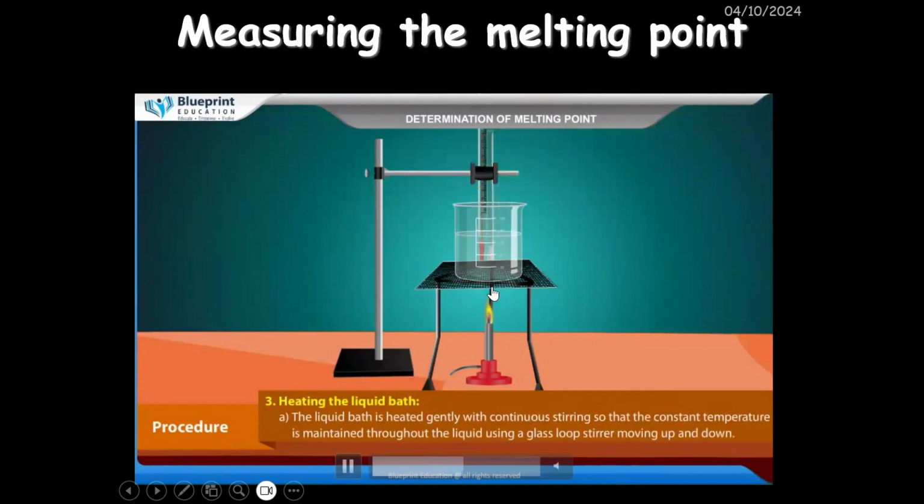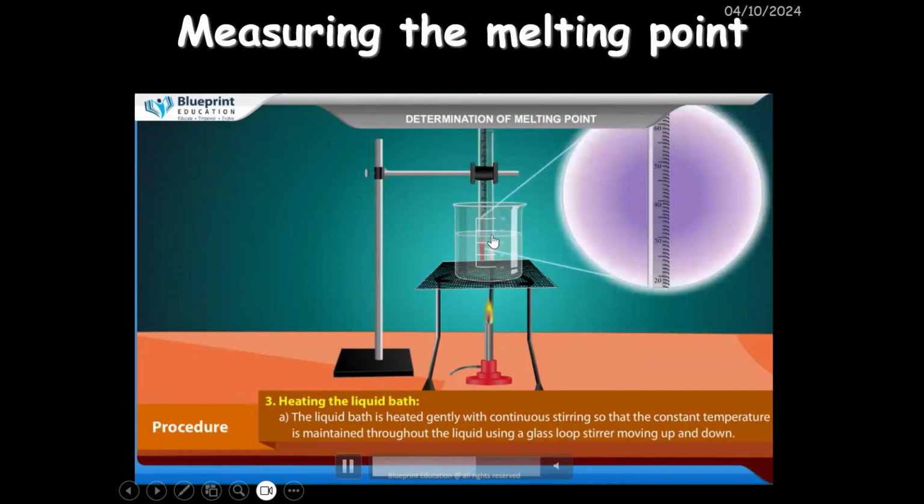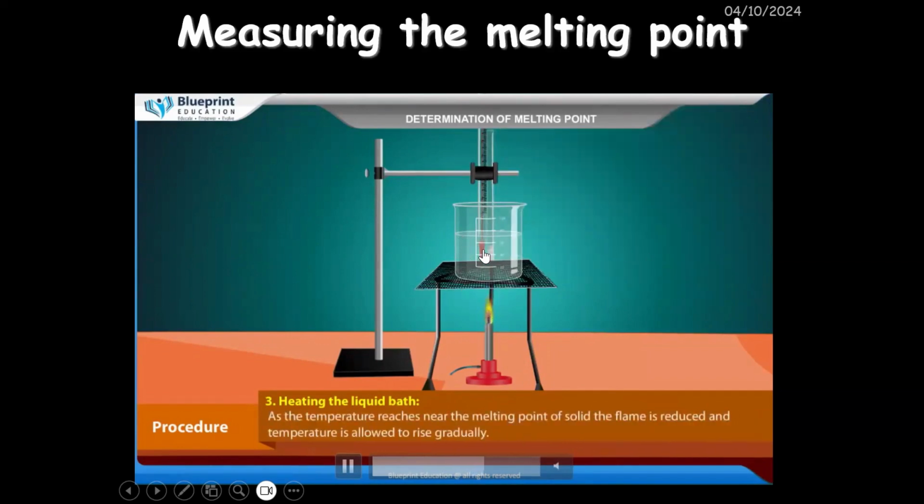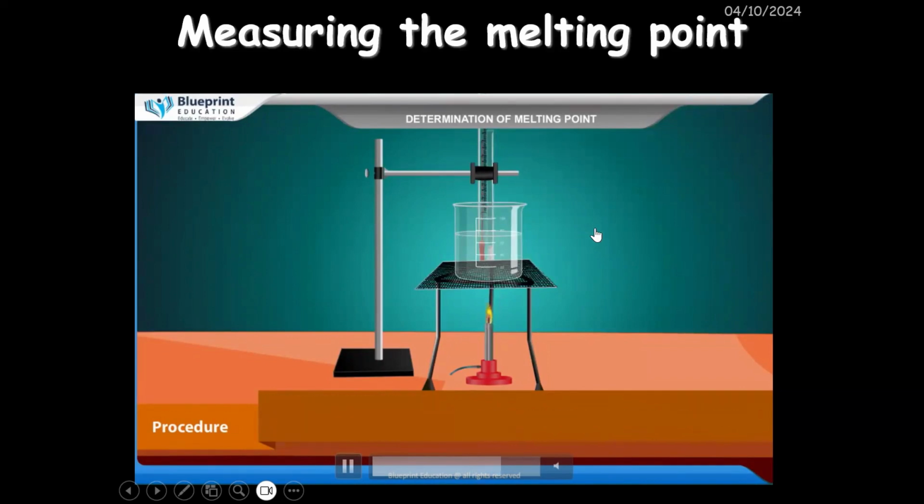Then they are heated and stirred periodically to distribute the heat in the whole water bath or oil bath. Temperature will be recorded by using the thermometer every specific time using the stopwatch.